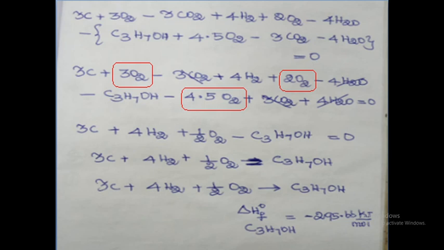In reaction form, 3C plus 4H2 plus half O2 gives C3H7OH. Are you clear or not? Okay. So the negative value comes to this side, the positive value gives C3H7OH. So what about the standard heat of formation of N-propanol liquid? Already we referred to it on the previous slide. This is the calculated value, minus 295.66 kilojoule per mole. Are you clear or not? Okay. Thank you for your attention.